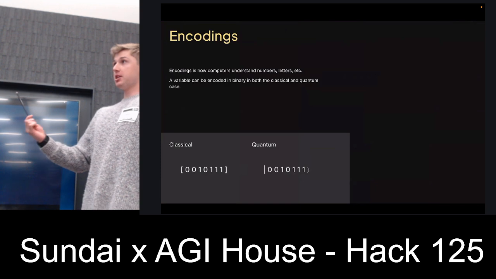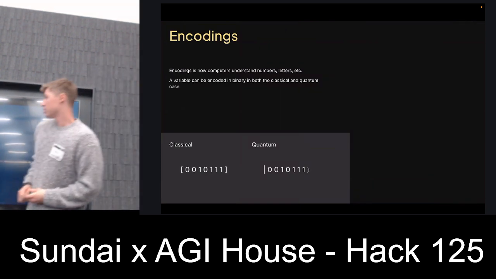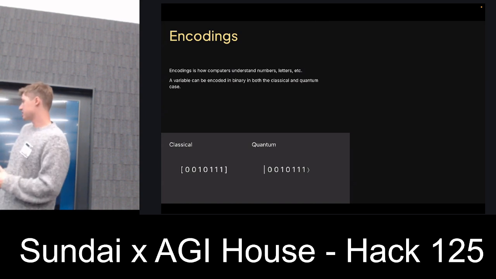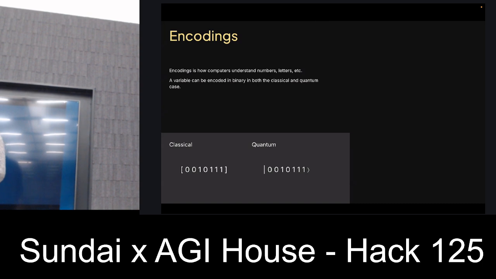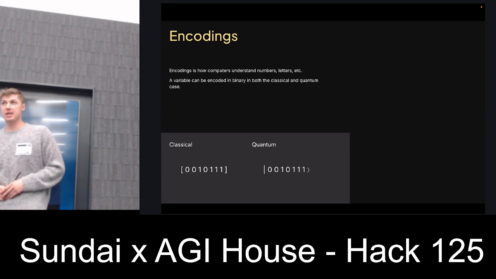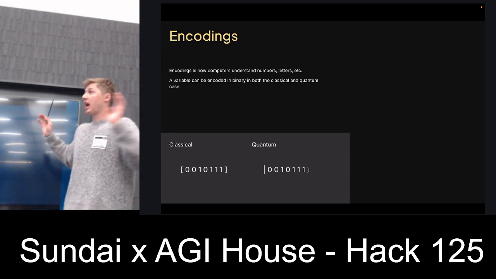But quantum computers work very similar to classical computers. Those of us that have a STEM background might have seen this. This is binary. I wrote it as an array to keep the bits separate and also to highlight some notation in quantum computing. But this is just a series of ones and zeros, and that's how a machine thinks, right? Well, quantum computers can think in the same way. This is just a bunch of ones and zeros. These are our final states, dead or alive or some other kind of state.